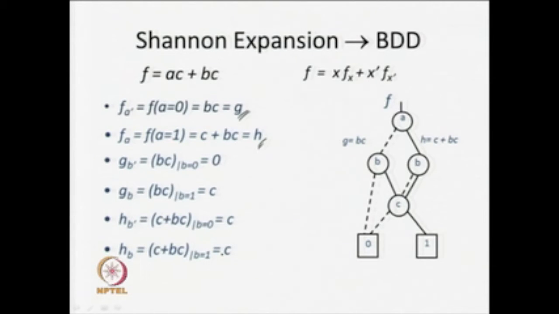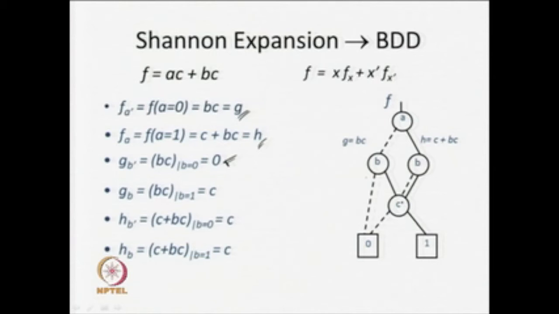Now, you just see what we are drawing. When b equal to 0, the functional value is 0, so we draw this terminal node and say that when b equal to 0, functional value is 0. When b equal to 1, the functional value is c, so I draw node c and point from b to c with a solid line. Similarly, in case of h, when b is equal to 0, the functional value is c, so this dashed line comes to c, and when b equal to 1, again the functional value is c, so this solid line comes to node c.